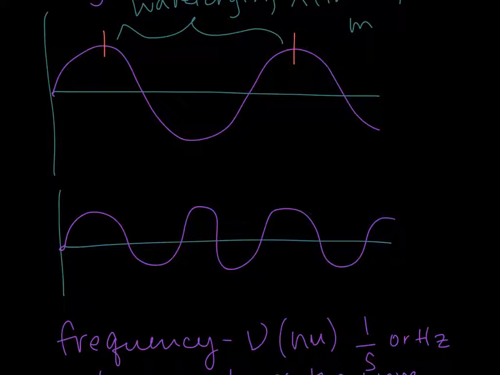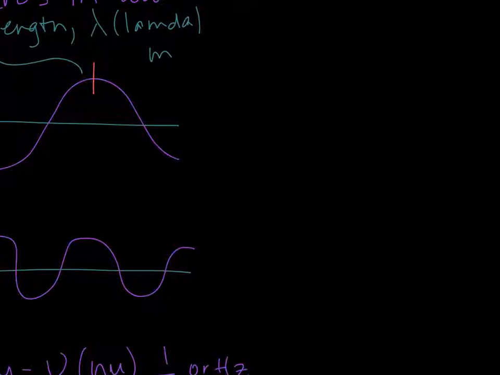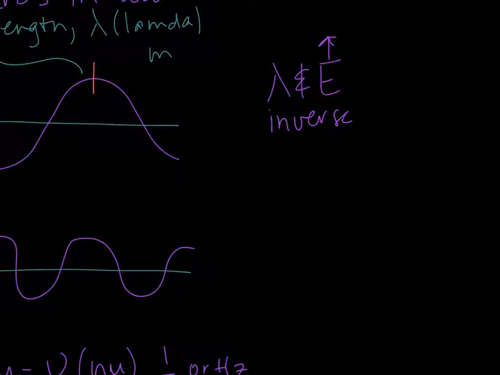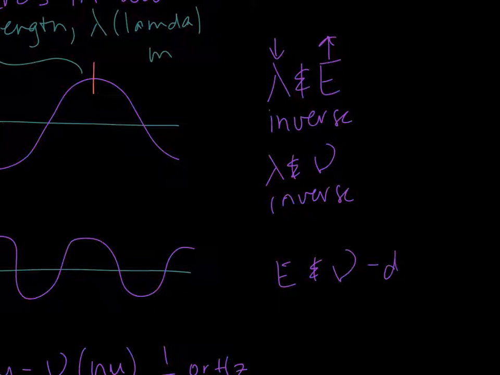And so what we can get from that is wavelength and energy have an inverse relationship, meaning that if one is high, the other one is low, and vice versa. And also, wavelength and frequency have an inverse relationship. But energy and frequency have a direct relationship. So if one goes up, the other one goes up.